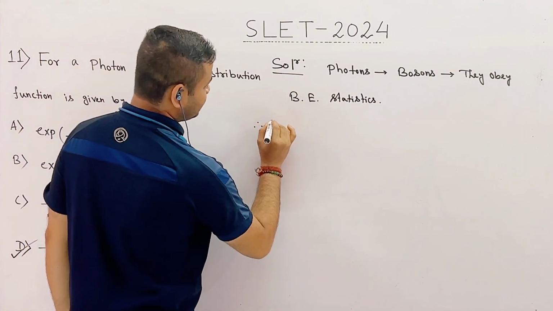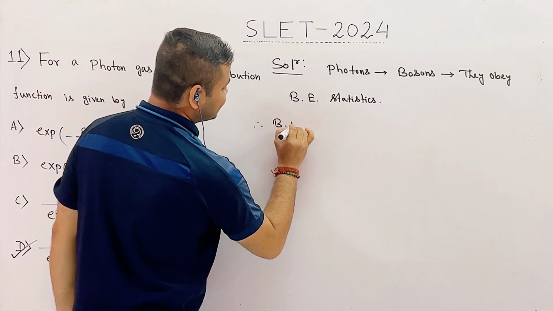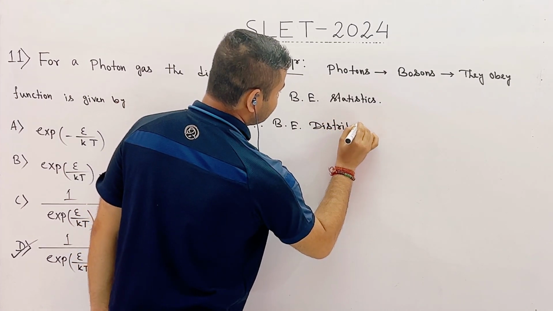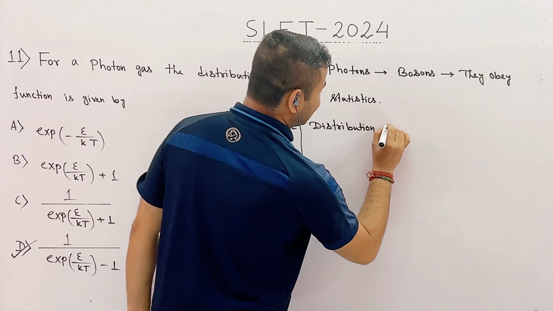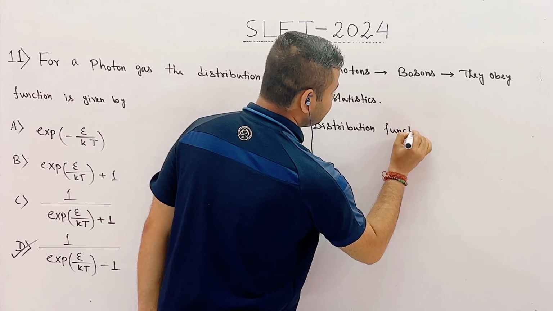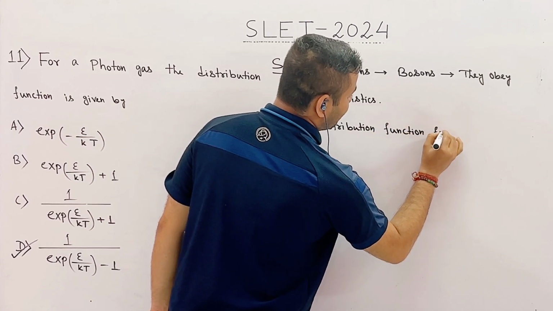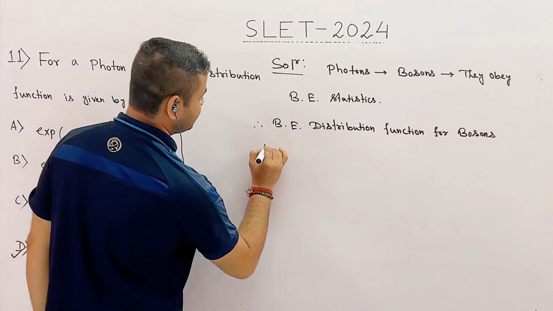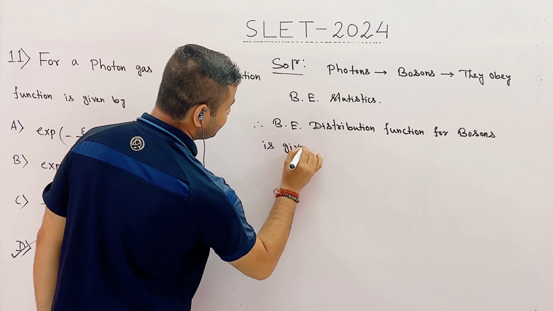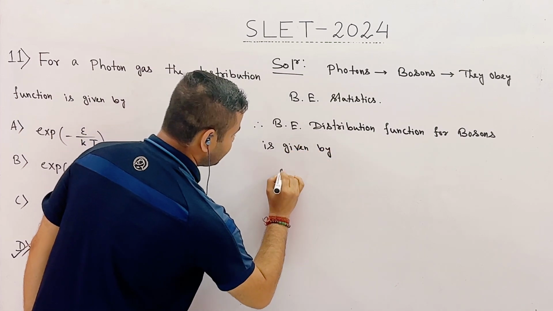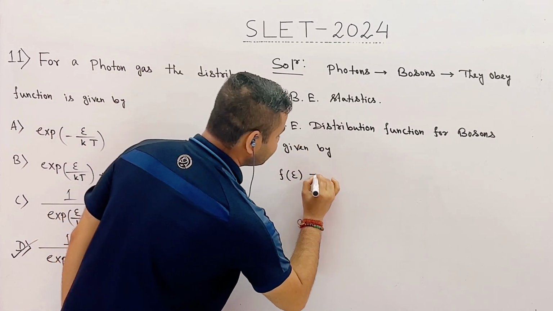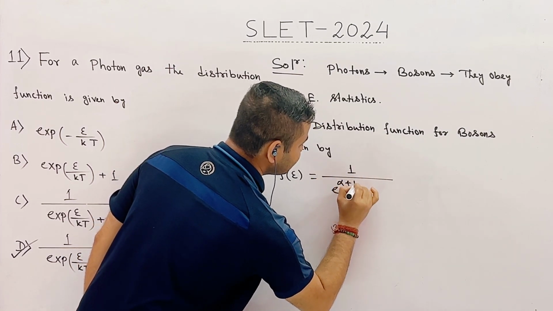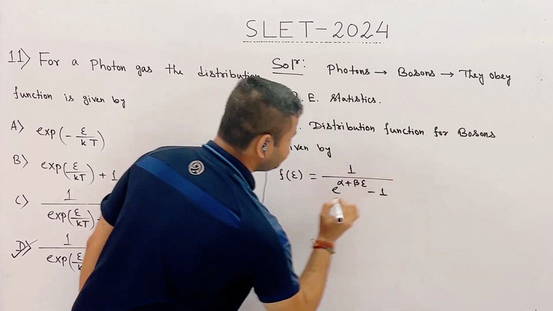So therefore, Bose-Einstein distribution function for bosons is given by f of epsilon is equal to 1 by e to the power alpha plus beta epsilon minus 1.